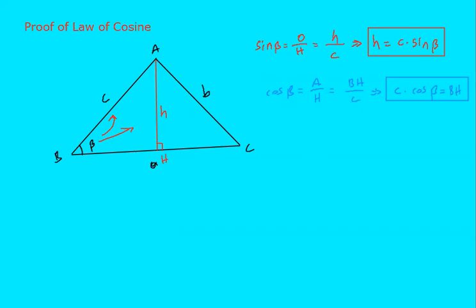So HC, I can write as BC minus BH. So BC is just A, and then BH was right here. So C times cosine beta. Okay, so that is my HC. And let's keep this in mind as well.